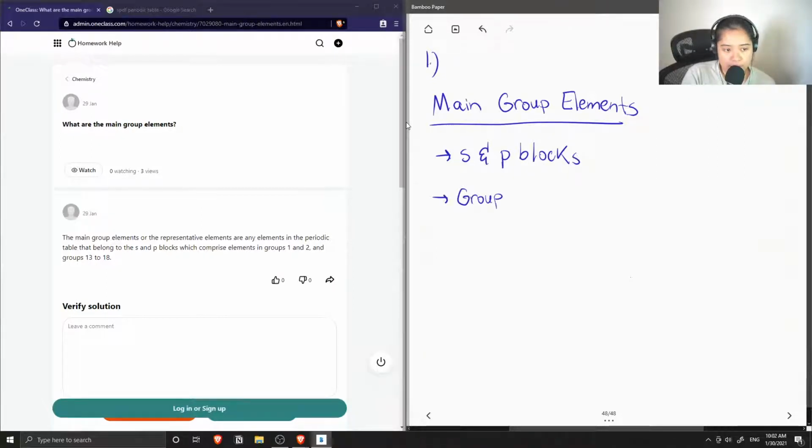So this includes groups 1, 2, and then groups 13 to 18. Let me show what that looks like.